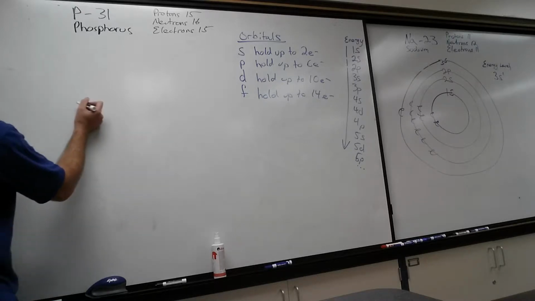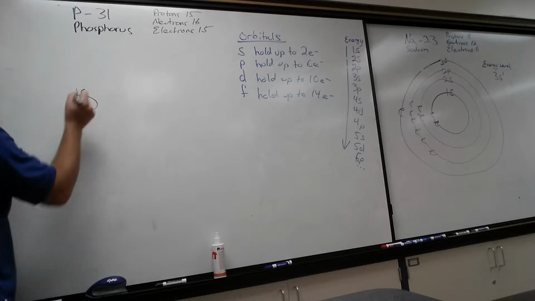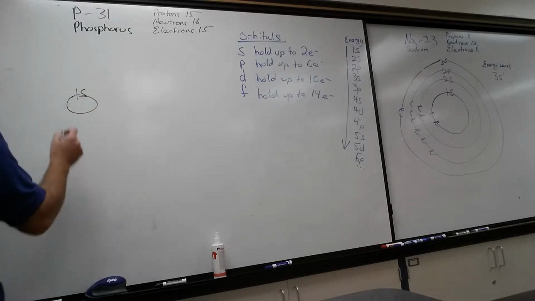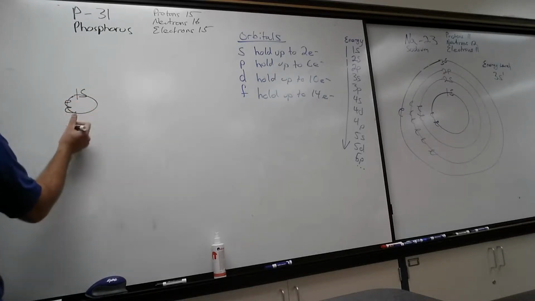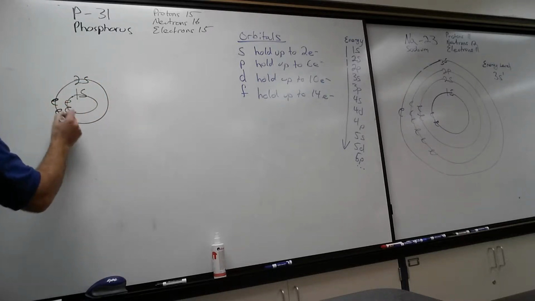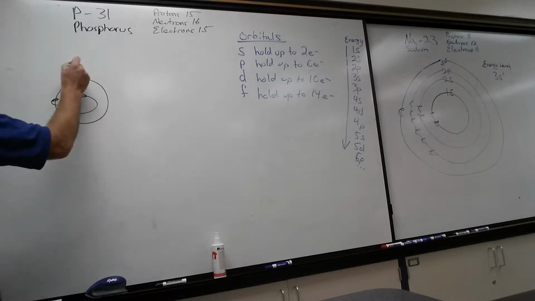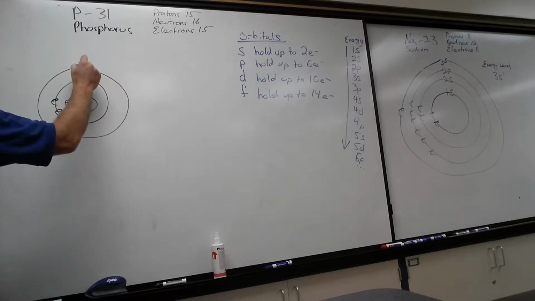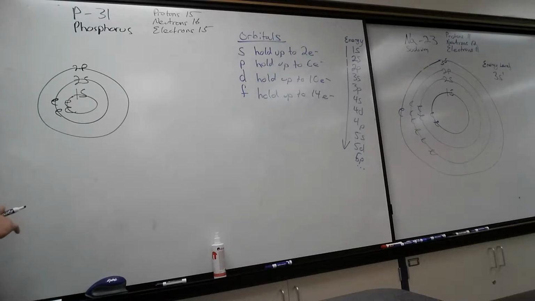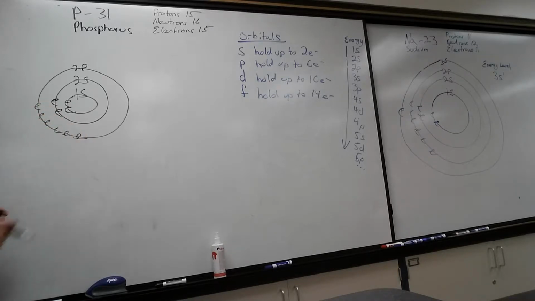So we're just going to start in the middle here. 1s can hold how many? 2. After 1s we have 2s. It's an s, so it can hold up to 2. 2p can hold up to 6. 1, 2, 3, 4, 5, 6.